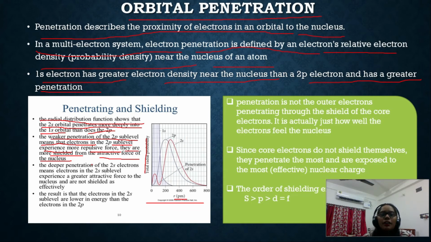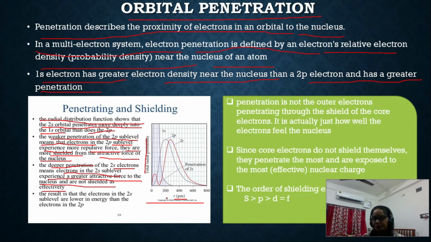The deeper penetration of the 2s electrons means higher penetration. So the electrons in the 2s sublevel experience a greater attractive force to the nucleus and are not shielded as effectively.